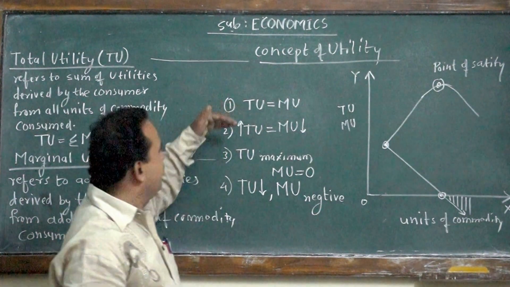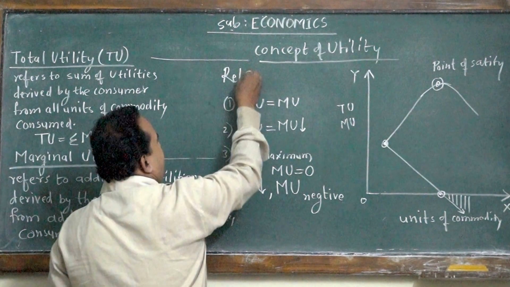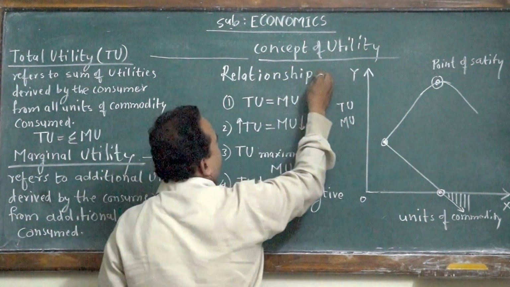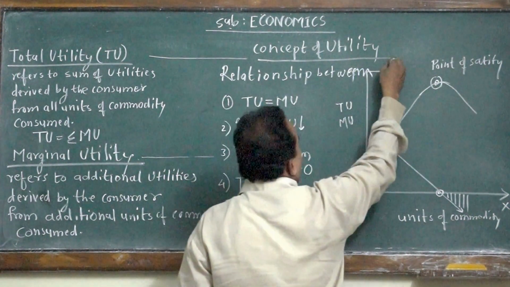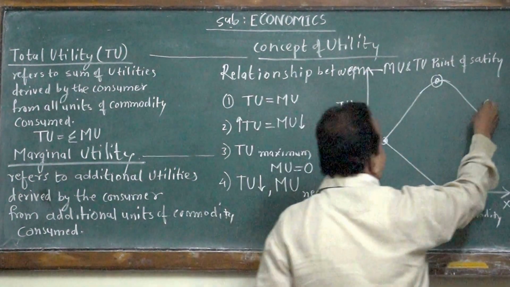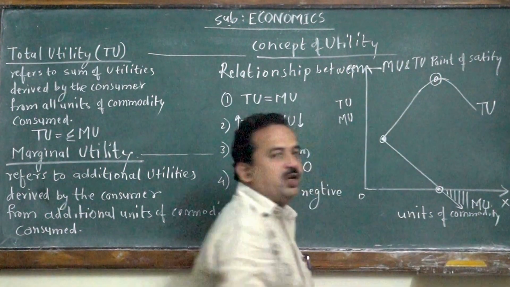So these are the four stages that explain the relationship between marginal utility and total utility, where this is the total utility curve and this is the marginal utility curve.